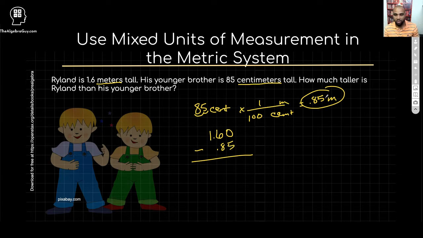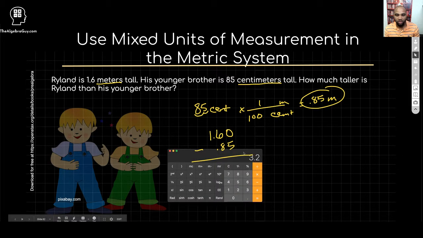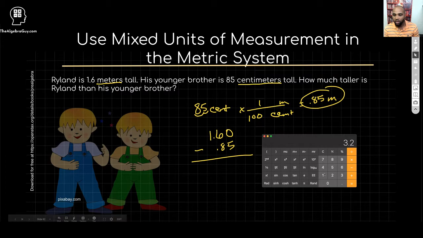That's going to give us maybe 75. I don't want to guess on this, I'd rather put it in the calculator, though I could do it by hand. 1.6 minus 0.85 is 0.75. There we go.